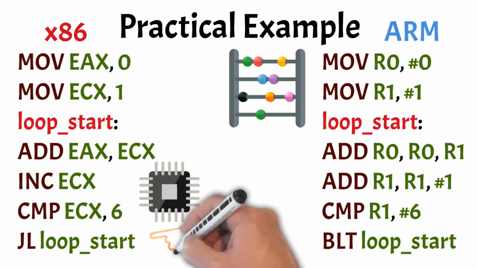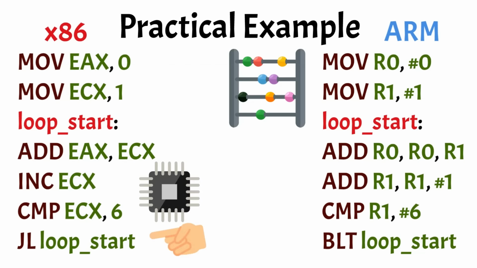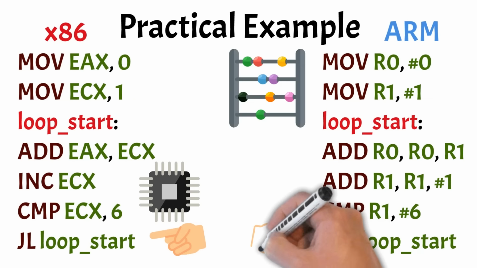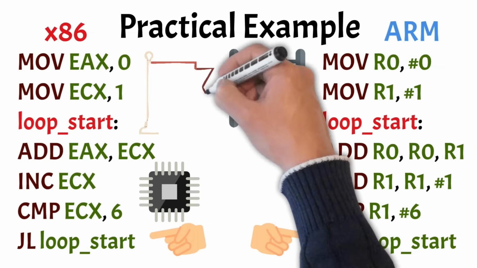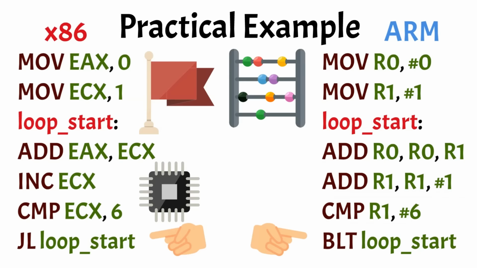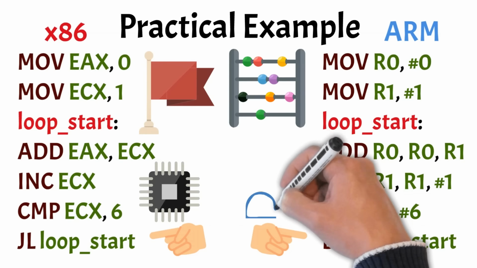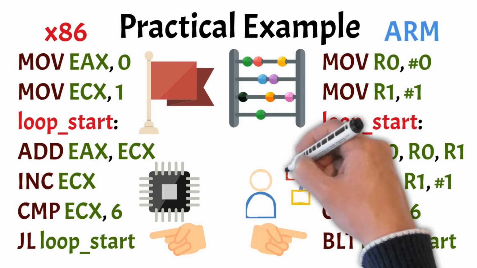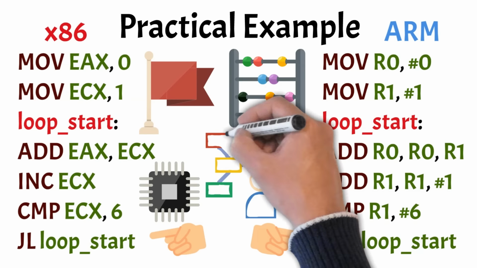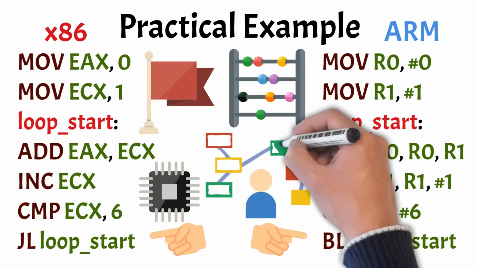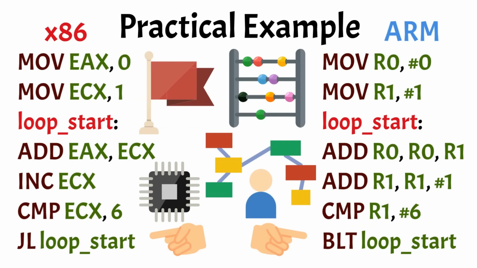Similarly, x86 uses JL or jump if less for conditional branching, while ARM uses BLT or branch if less than, which relies on status flags set by CMP. These differences illustrate how x86 often provides specialized instructions for common tasks, while ARM relies on simpler, more general-purpose operations. Despite these variations, both architectures follow the same logical flow to complete the task.